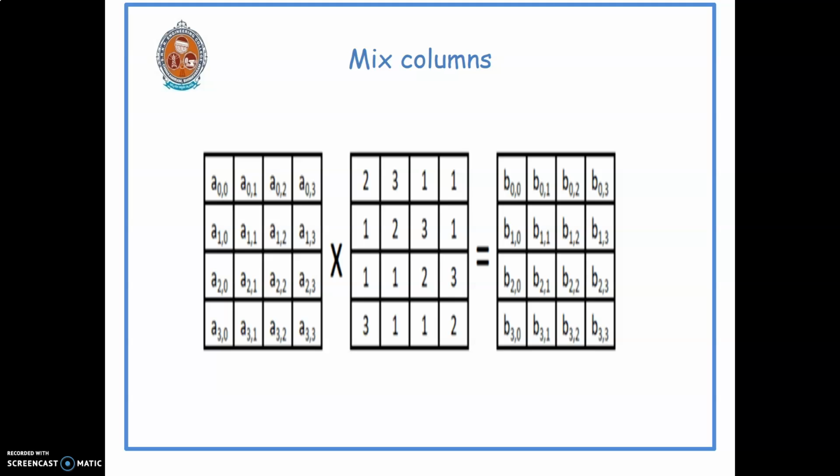It should be noted that this step is not performed in the last round. The resultant column and mixed matrix using a 128-bit key: this is the original column and this is the key. This is the resulting one.